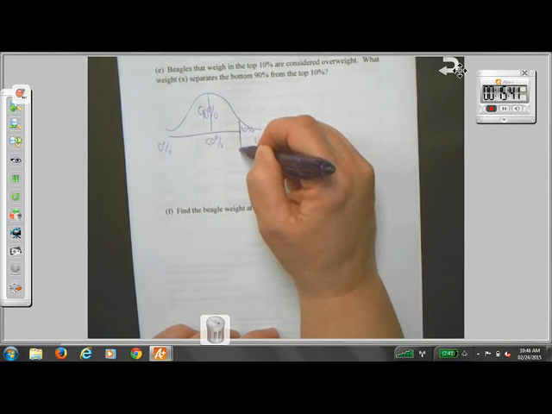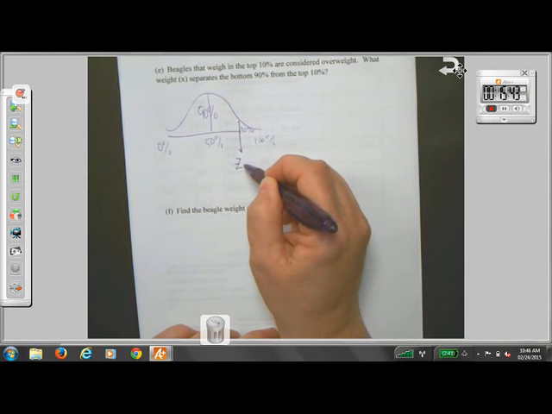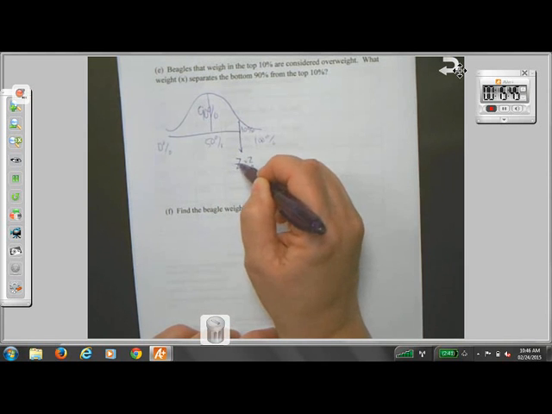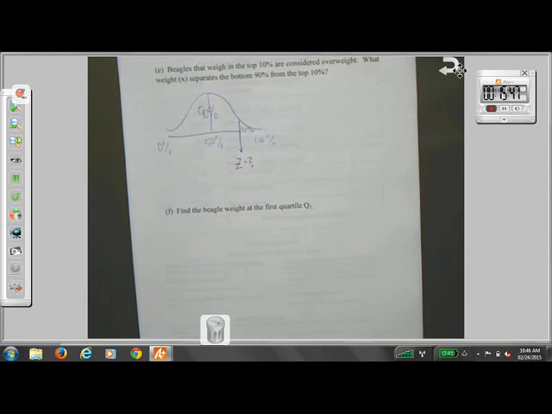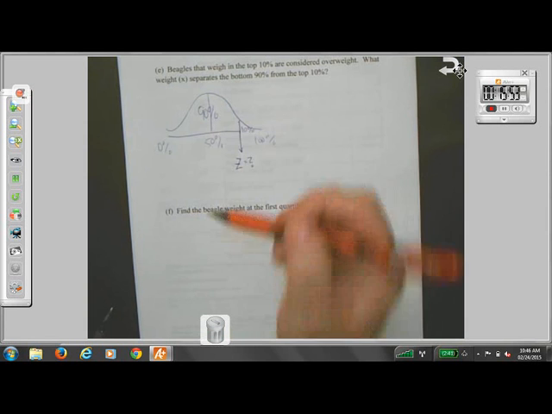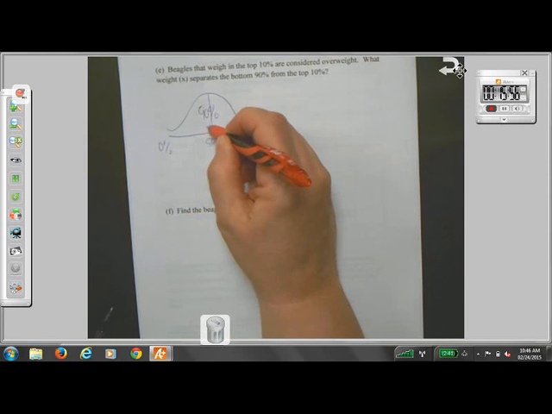So I want to know what is the Z that goes there. That is the question. So this is where we have to look up from the middle of the table out to the Z-scores. So I'm going to look up 0.9000, or as close as I can get to that on the table.